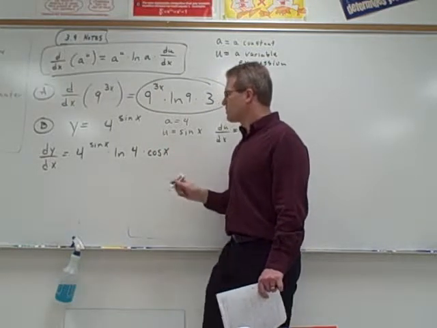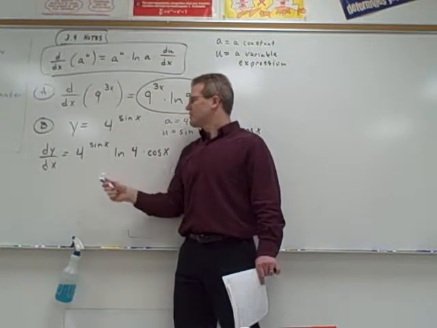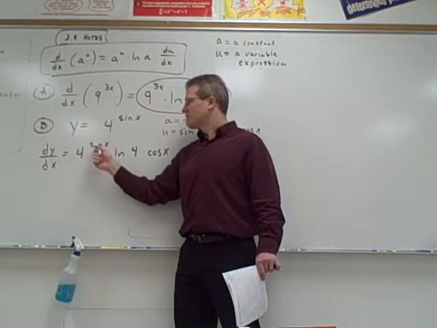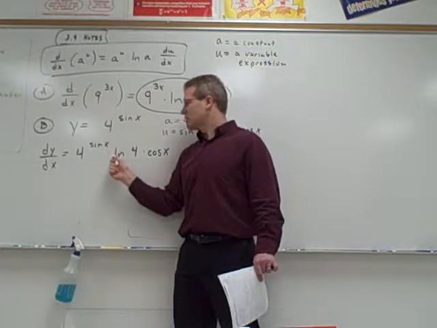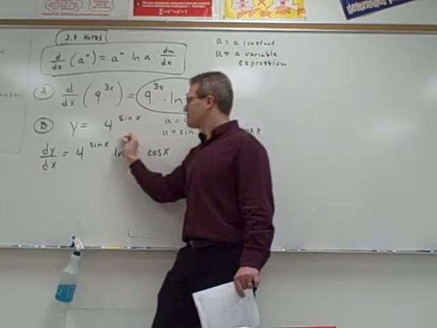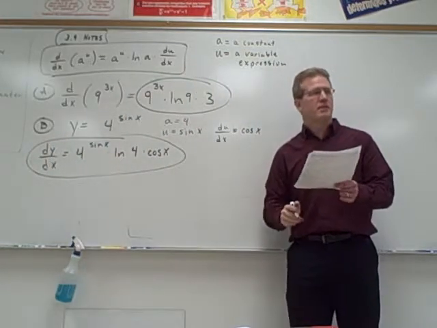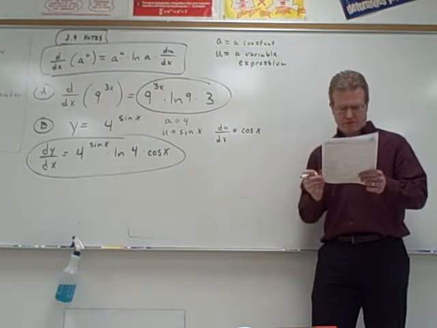So don't make this too hard. When you do the derivative of a constant to a variable expression, you take the constant to the variable expression times the natural log of your constant, and then times the derivative of your exponent. That's the formula. Any questions about that one?